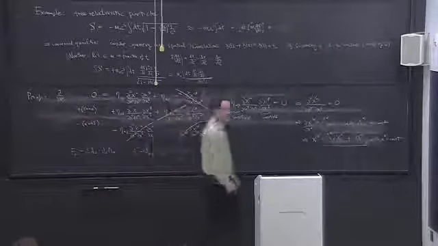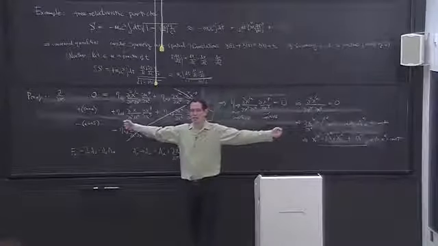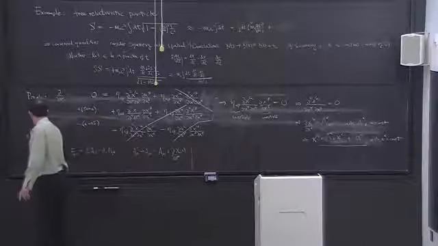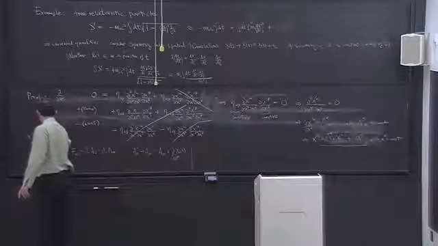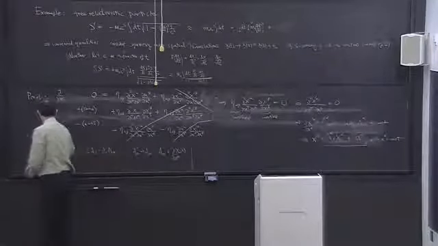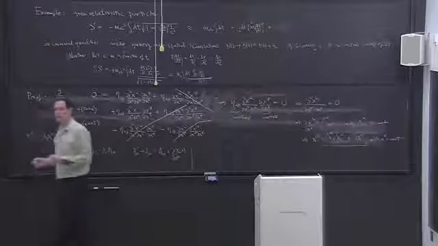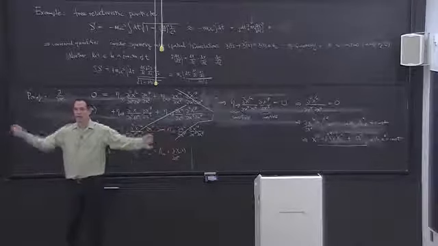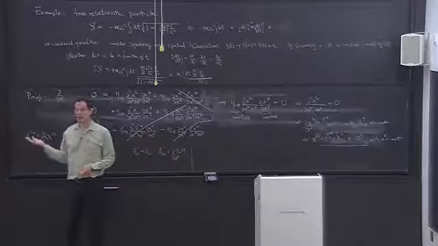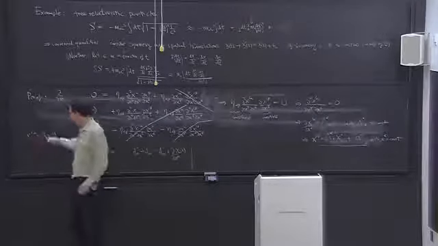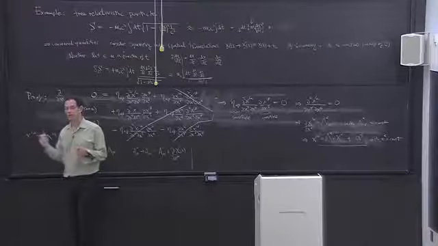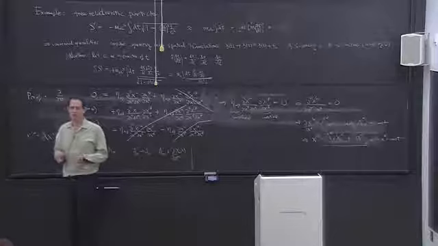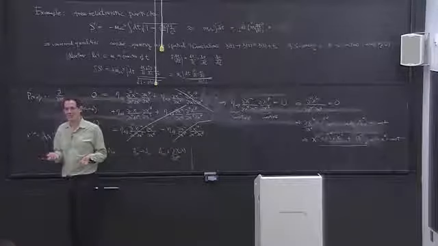So Maxwell theory has another symmetry, which is that if you change scale, if you do the transformation x prime mu equals lambda x mu, that's called a dilatation. I just stretch all the coordinates. Maxwell's theory is invariant under this transformation. In fact, that's not all, because this transformation is part of a bigger group called conformal transformations, and Maxwell's theory is invariant under conformal transformations.